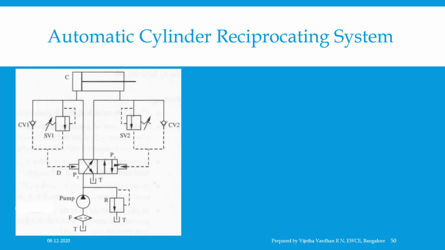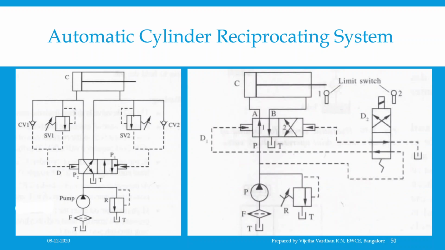The other technique is using a solenoid operated DCV and limit switches. The respective figure shows that one. This consists of a 4 by 2 solenoid operated directional control valve, which gets energized and de-energized with the help of two limit switches which sense the end of stroke.